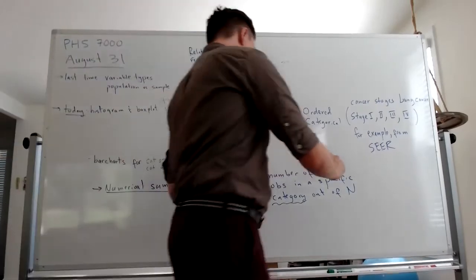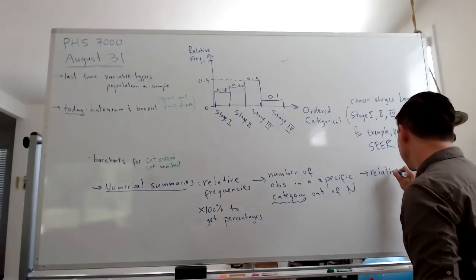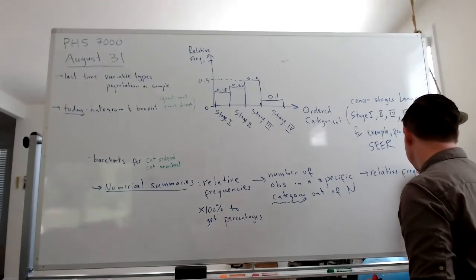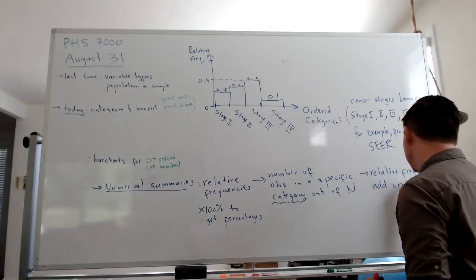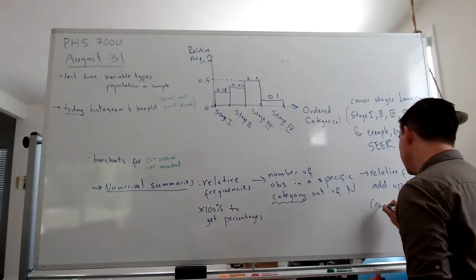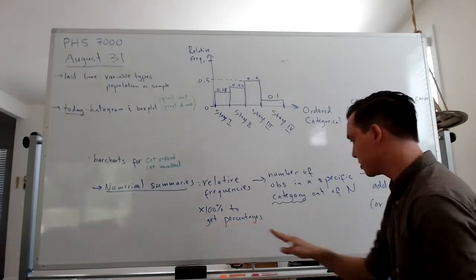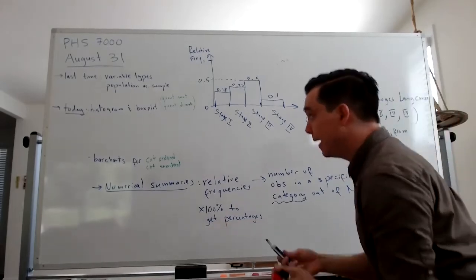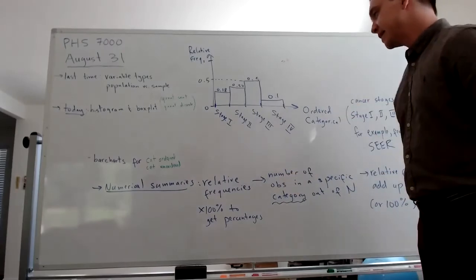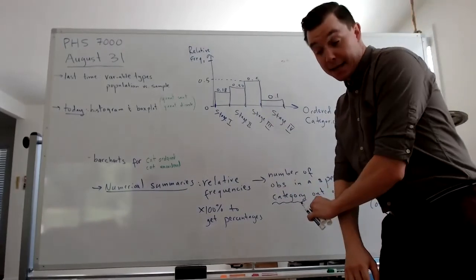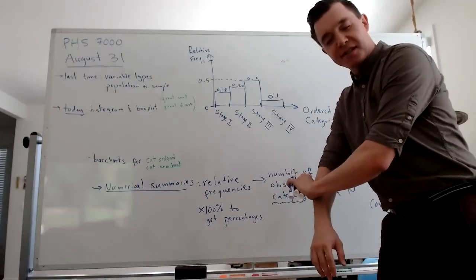sample. So these relative frequencies add up to 1 or 100%, depending on whether you got percentages here or not. And I would say nothing changes really for unordered data, right? Whether it's how many people are enrolled in the clinical research program versus MPH.